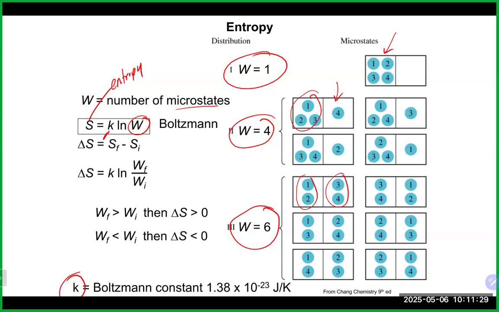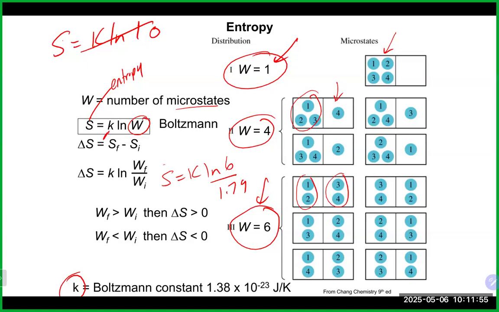So we could see that just by going into this equation. For example, if we did the top one there, and there's only one way, natural log of 1 is 0, right? So we have a really small entropy value in this case, as opposed to here where there are multiple ways and a higher probability of occurring. When you do the natural log of 6, that's like 1.79.